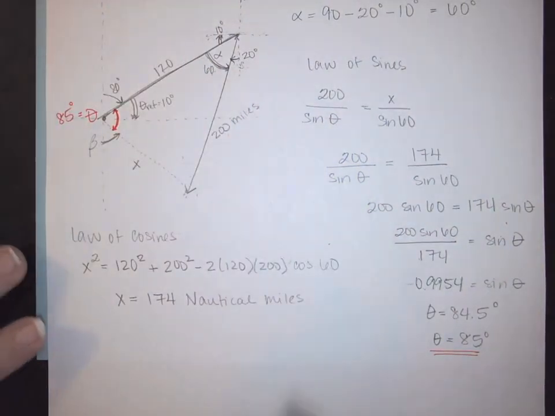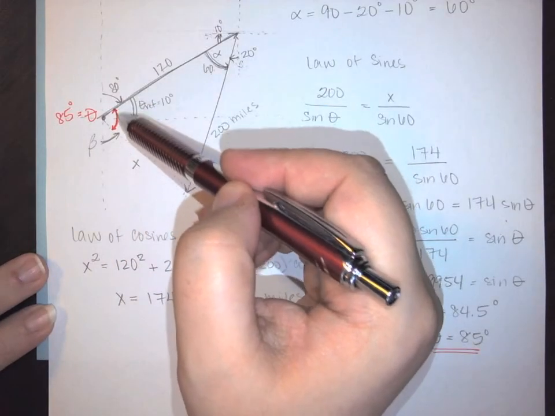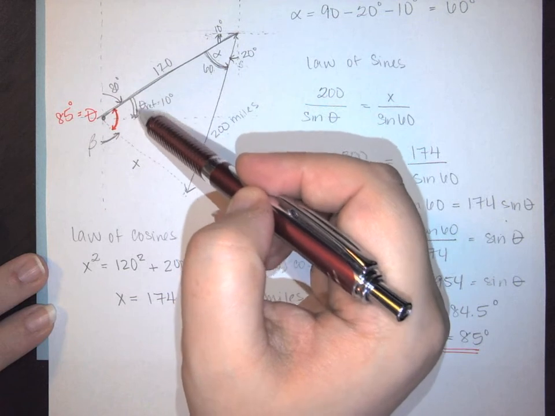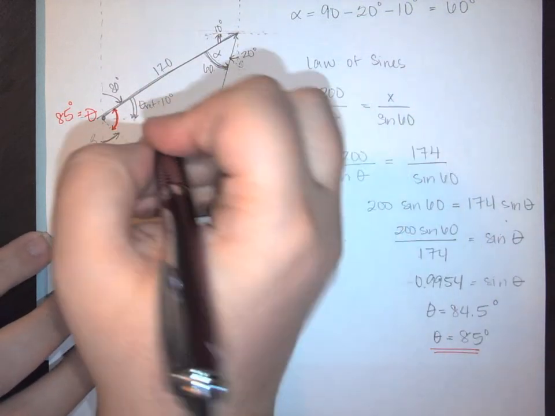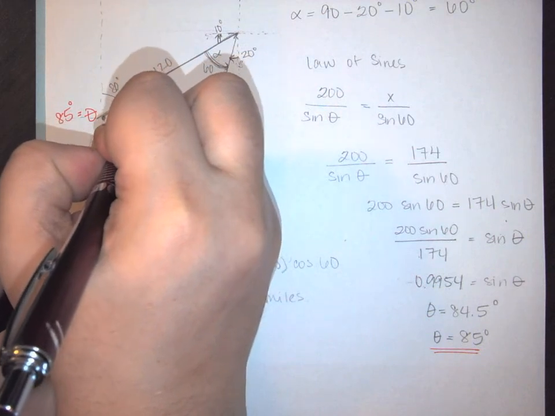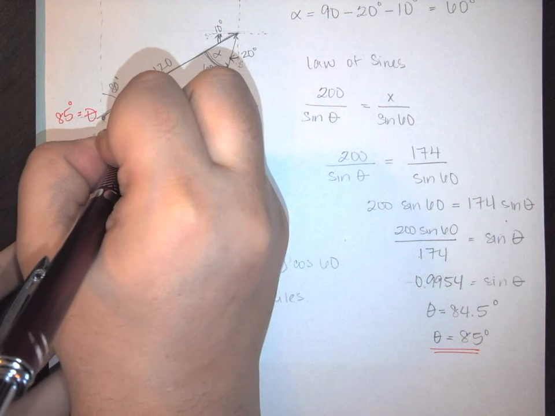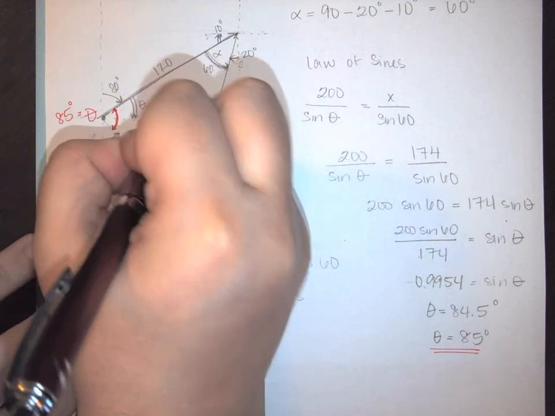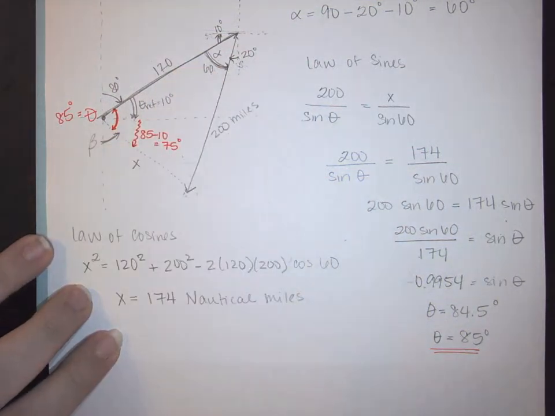Okay? So how does that help us find beta? Well, because the whole angle is 85, and I know that this piece of the angle is 10, that tells you that this piece of the angle has to be 85 minus 10, which equals 75 degrees.